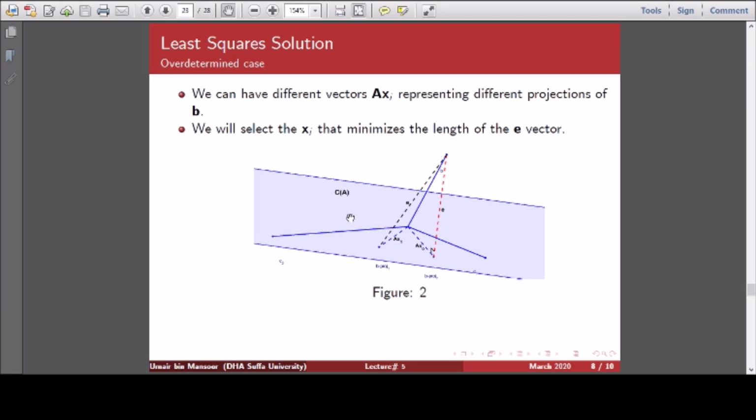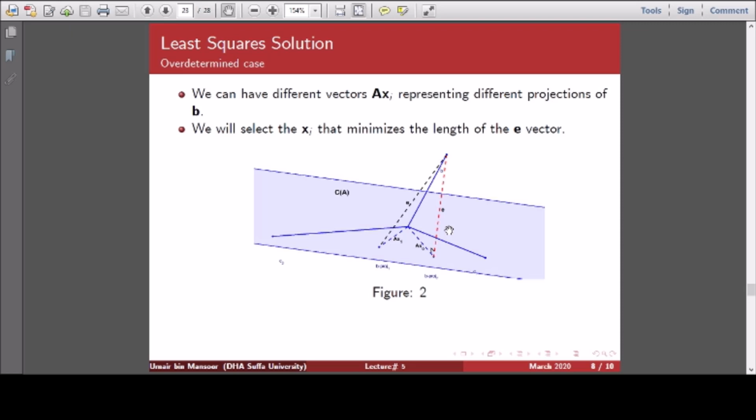There are a number of vector e's, so we have to select a vector e that has the minimum length. Minimum length means that the difference Ax minus b is small. When this difference is small, that means Ax is close to b.